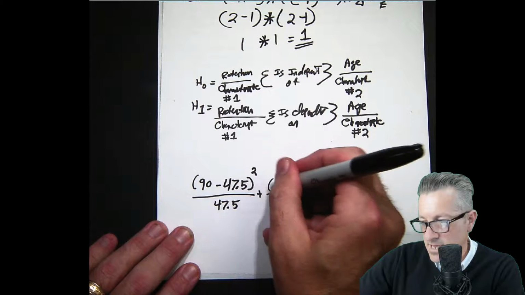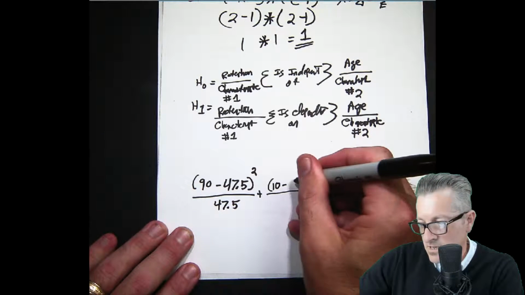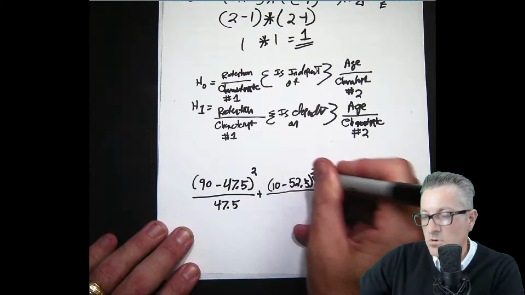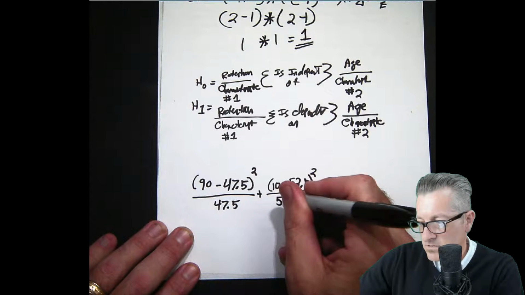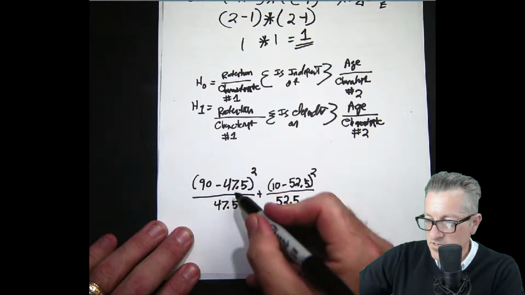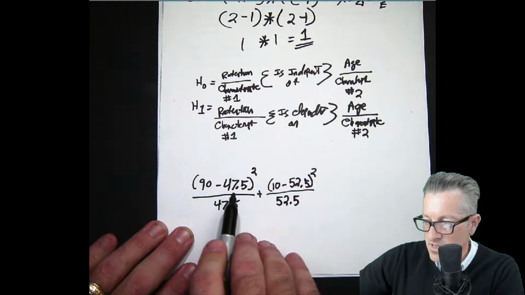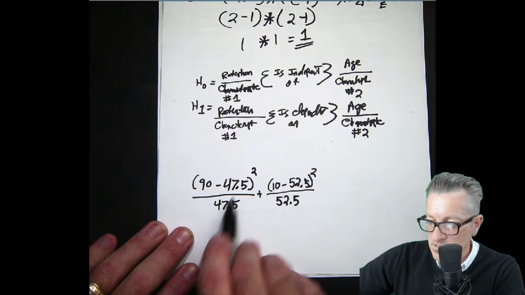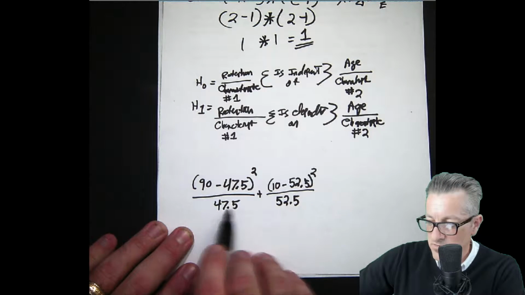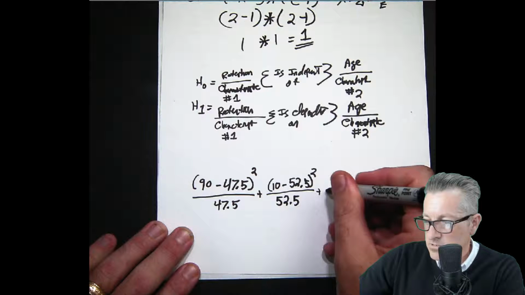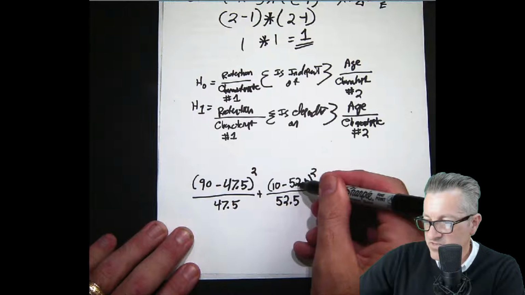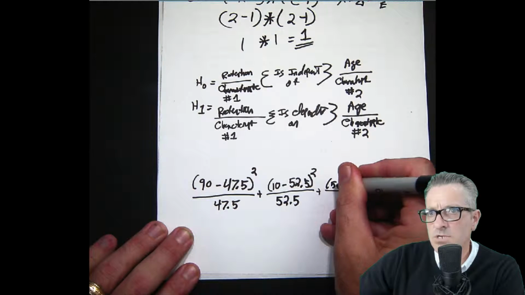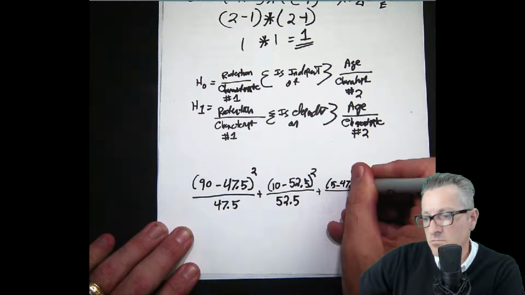Then it is 10 subtract 52.5 squared and 52.5. So these values right here, see, this is the expected. So the expected value is always on the bottom. And then we do plus. So it's always 52, whatever this is, 52.5 will be down there. And then we do 5, subtract 7.5.